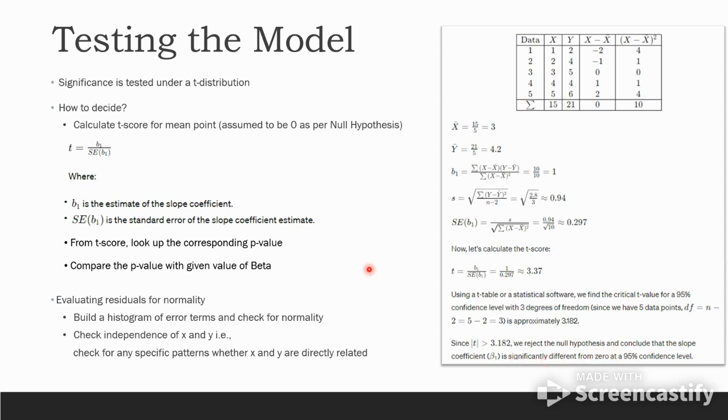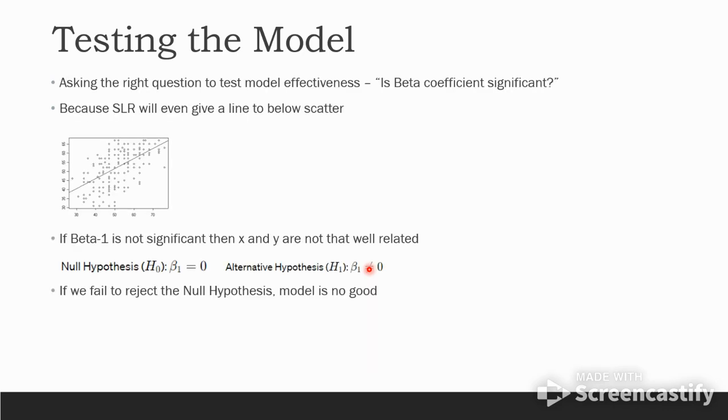So please note that this is an example. It was not our mission to reject it. If we had taken these values, then definitely the model would be no good because we would have failed to reject the null hypothesis.